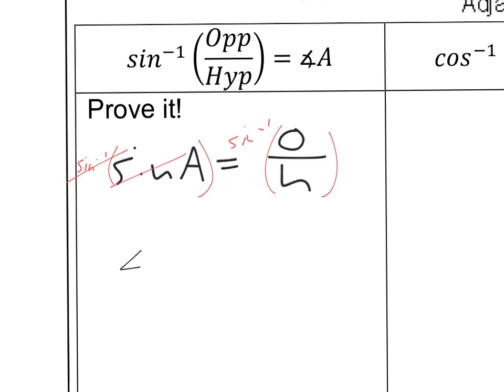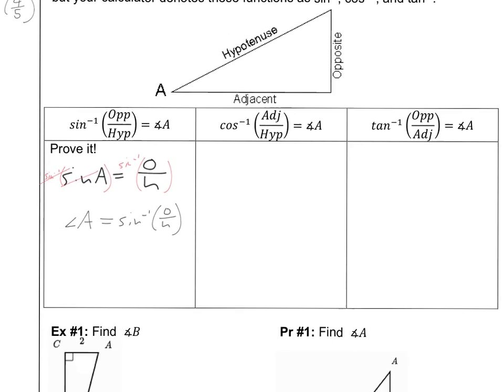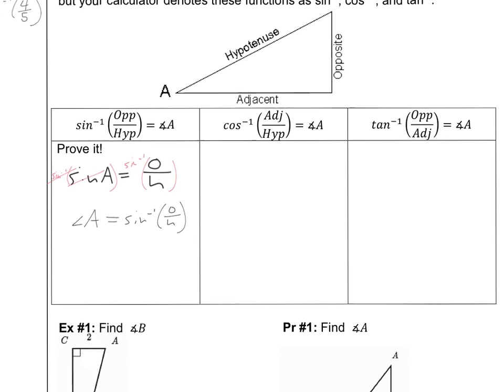So I'd get that the angle A equals the arc sine of the opposite over the hypotenuse. And boom, we've just proved it. I'd like for you to go ahead and do that for the cosine and the tangent real quick, just so you can see where that came from, and then we'll apply it to some problems. So pause the video, and then you can check and see if you did your work the same as me in just a second.